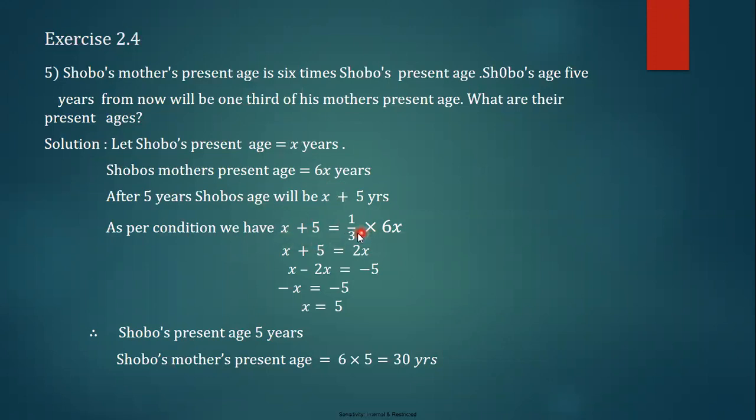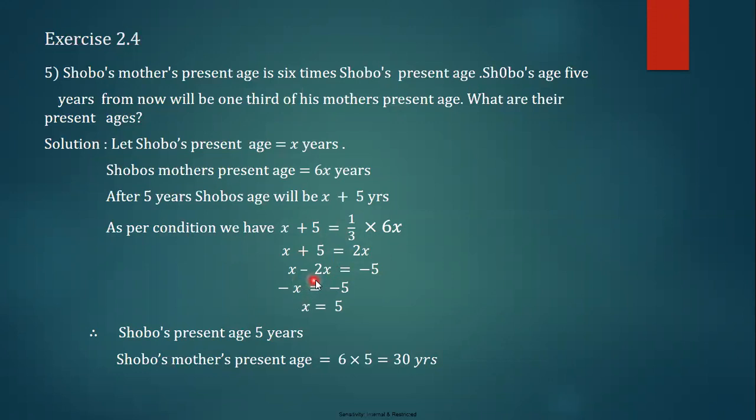We'll solve this. 3 ones are 3, 3 twos are 6, so x plus 5 is equal to 2x. I'll transpose 2x to the left hand side and plus 5 to the right hand side. So x minus 2x is equal to minus 5. We have to transpose variables to one side and the constants to the other side.